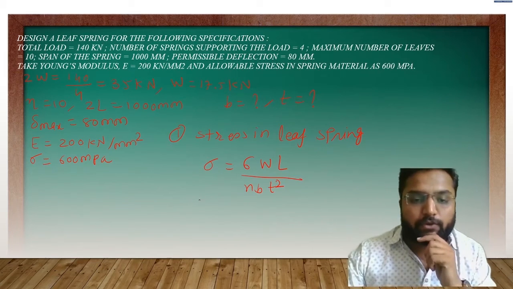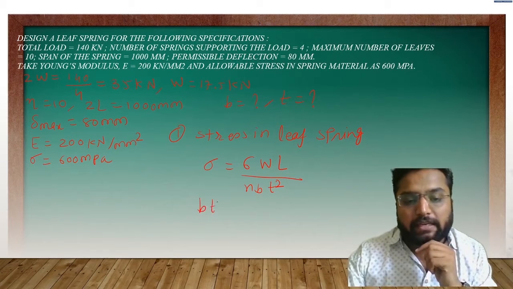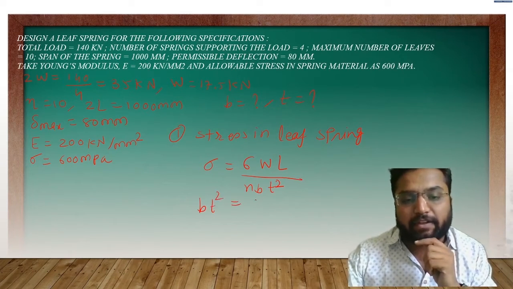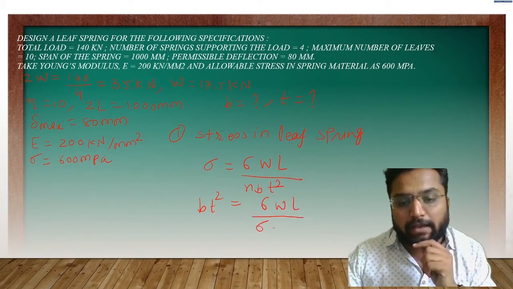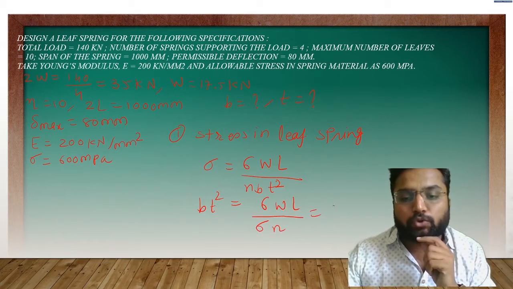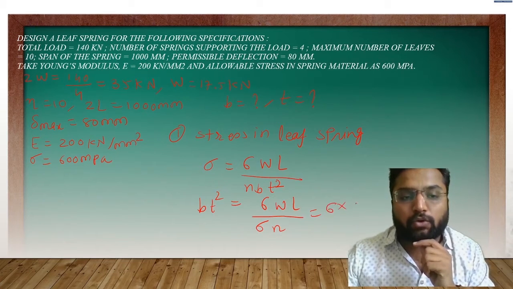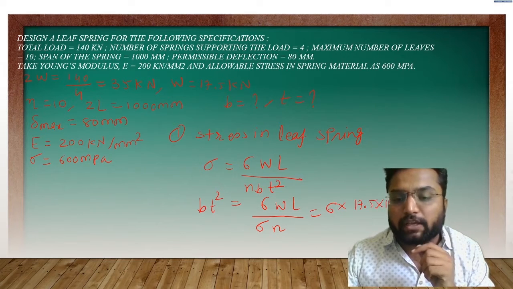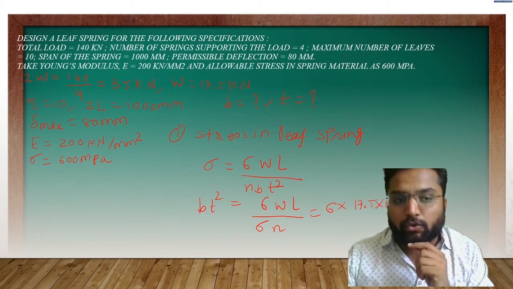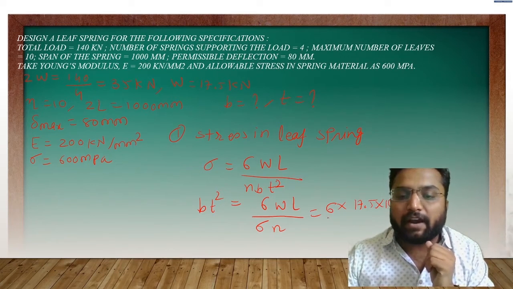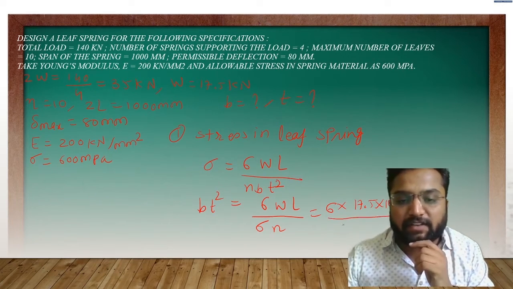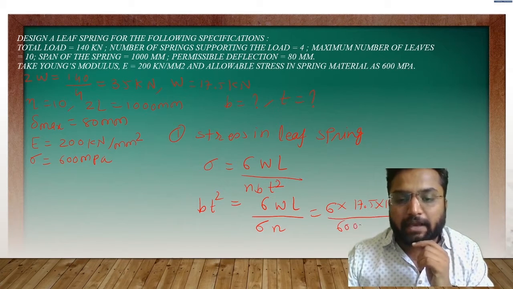So let's put the values, because BT square in this case will be 6WL upon sigma into n. So let's put in all the values: 17.5 into 10 raised to 3, which is our load, into 6, into L, which will be 500 mm, divided by sigma, which is given as 600 megapascal.